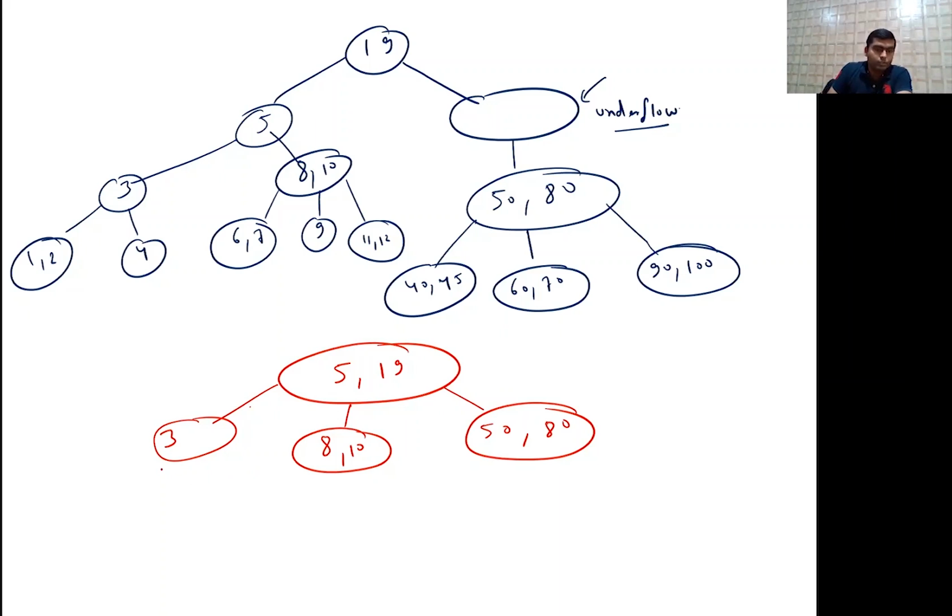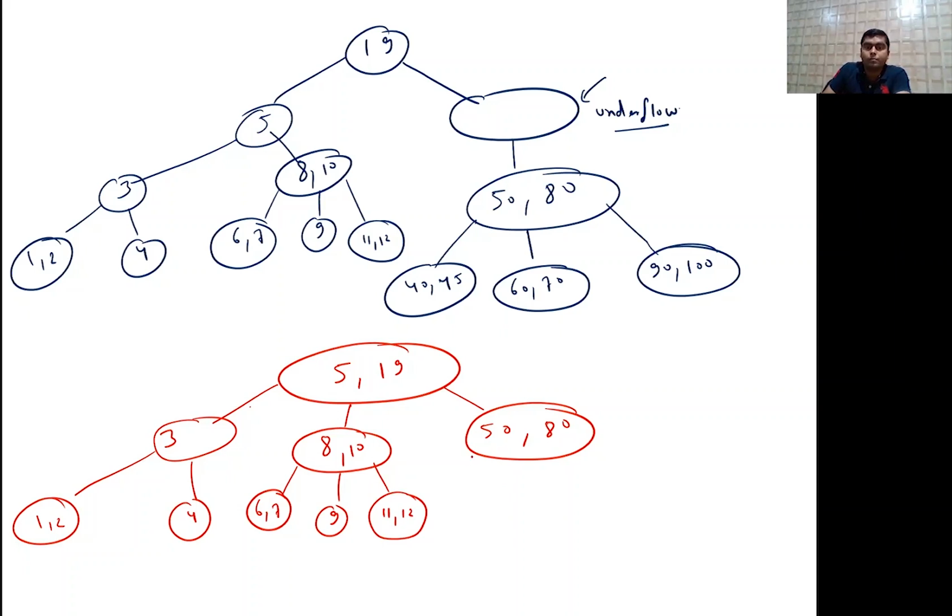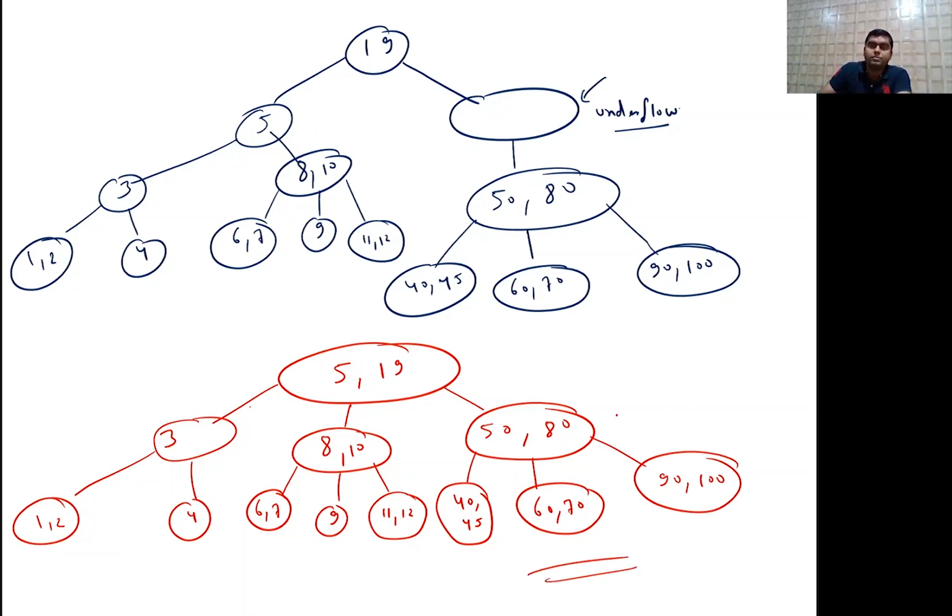Okay, so then left of 3 is 1 comma 2, and right of 3 is 4, and left of 8 is 6, 7. So it is 6, 7, and in between 9, and after that 11, 12, and before 50 it is 40, 45. So 40 and 45, and in between 60 and 70. So 60 and 70, and after this 90 and 100. So this is our final solution, है ना?